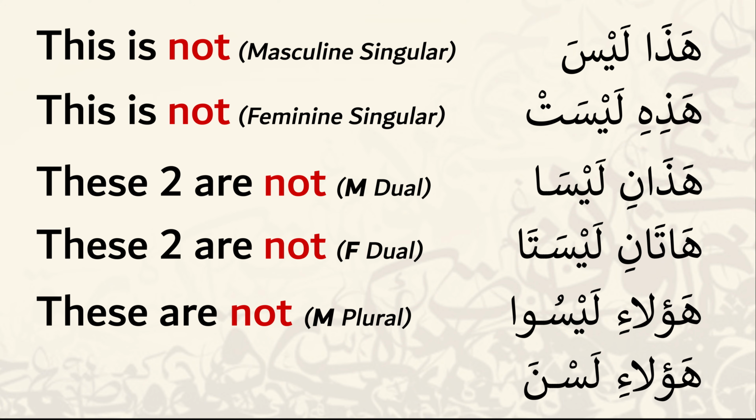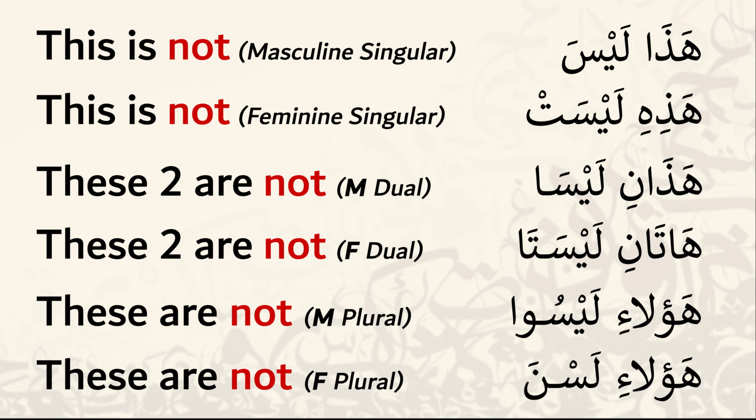And هؤلاء لسنا, these are not, for feminine plural. The conjugation of past verb is done by adding suffixes to the verb, as we see here in red color.